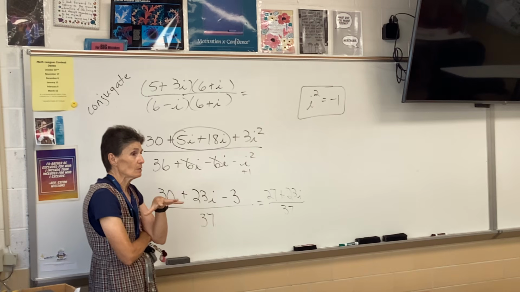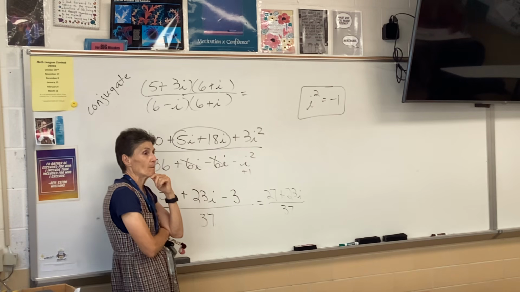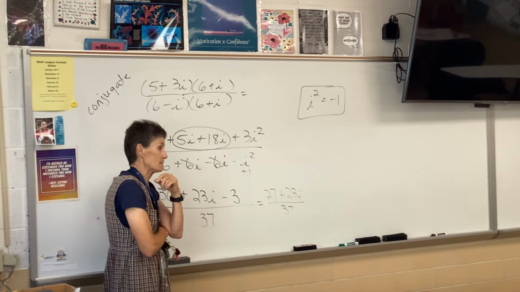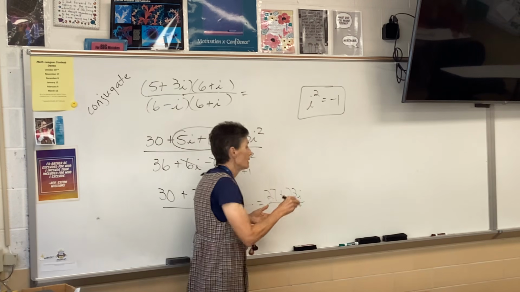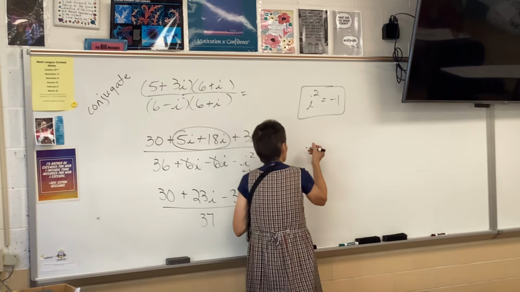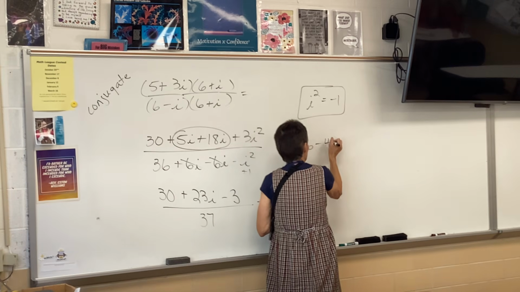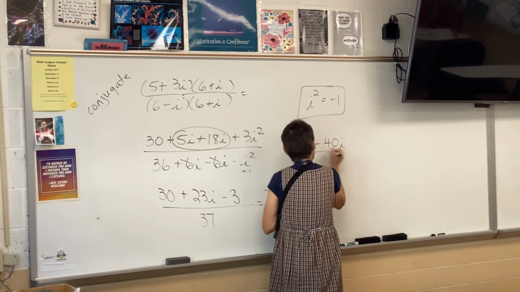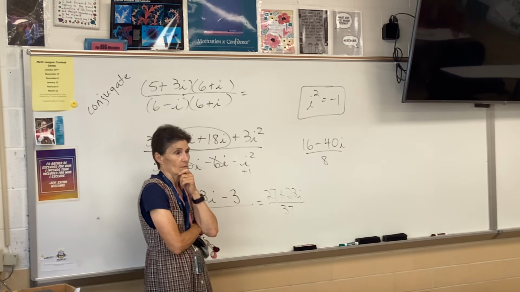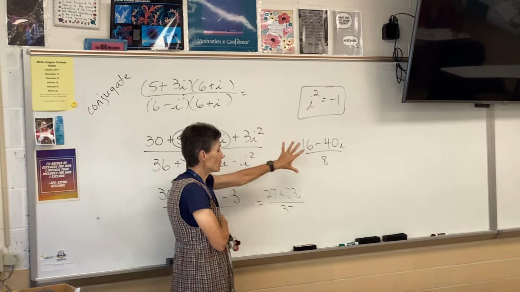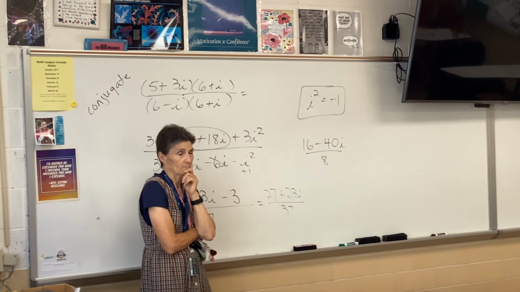While we're here, let's talk a little bit about canceling. Obviously, nothing cancels in this problem. But we could have ended up with 16 minus 40i over 8. You can cancel that.